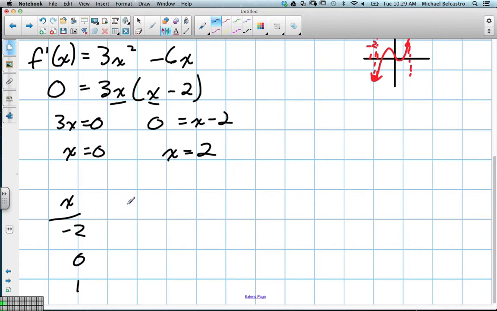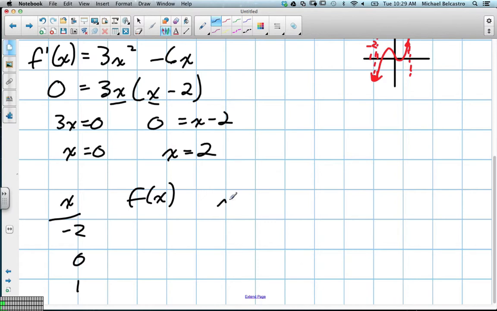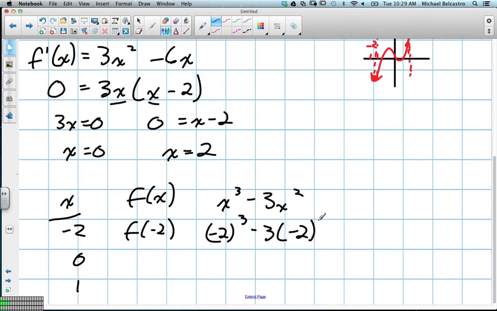We're going to plug those into our original function f of x to find coordinates along this cubic function. Our original one is x cubed minus 3x squared. When we plug in -2, f of -2, we get -2 cubed minus 3 times -2 squared.